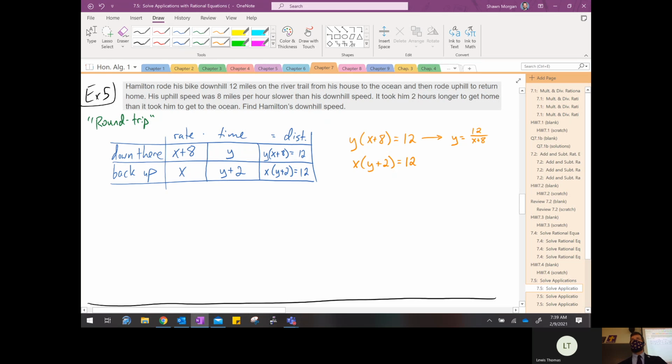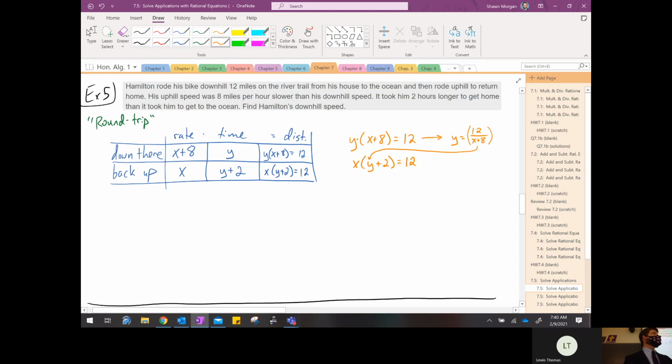Your hesitancy is a little unsettling there, folks. All we have to do to get y by itself is use the inverse operation, divide both sides by x plus 8. Now, we're using substitution, right? So what does that mean I could then do, Joe? Plug it into the other equation.